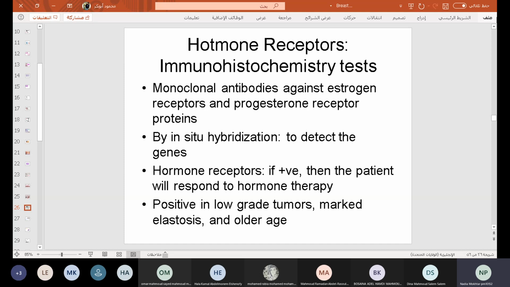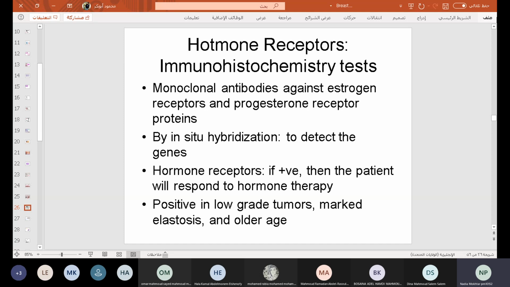So which patient will we give anti-estrogen and which patient will we give chemotherapy? We test that by what is called immunohistochemical tests. It really is about an antigen-antibody reaction.